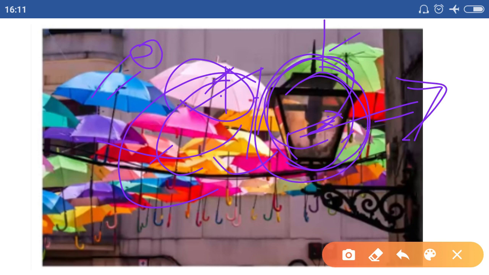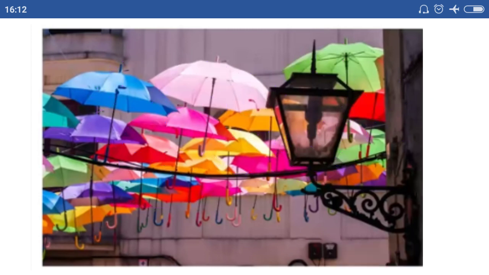So other people started copying that person, and they also hung the umbrellas in the air one by one. This could also be the imaginary part. And there are so many imaginary things that you can think of. So just comment below what else you can think about it, which you can't see in the picture, right?